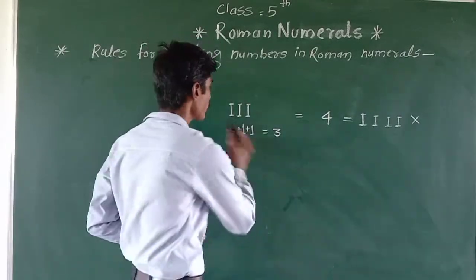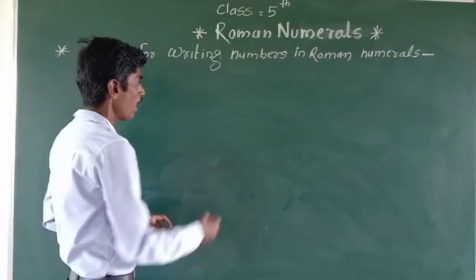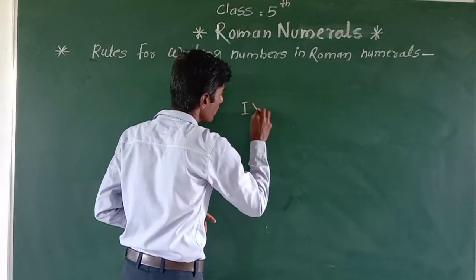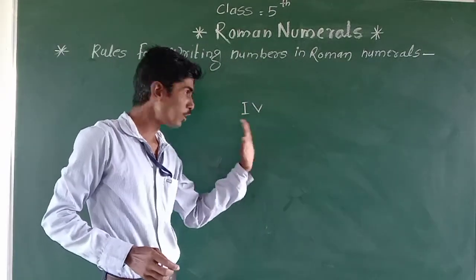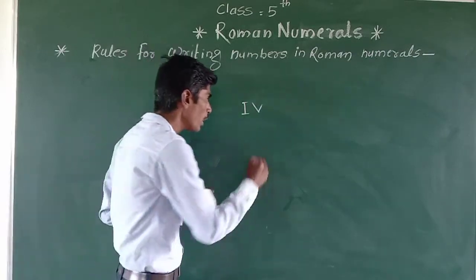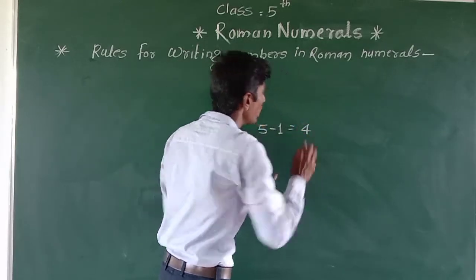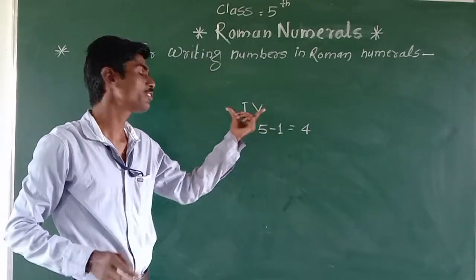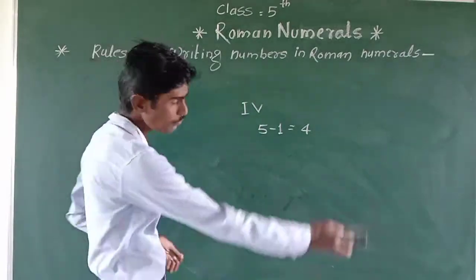Do you know how to write 4? I, V. The smaller numeral is on the left side of the larger numeral, so we do subtraction. 5 minus 1 is 4. This is the proper way to write 4.